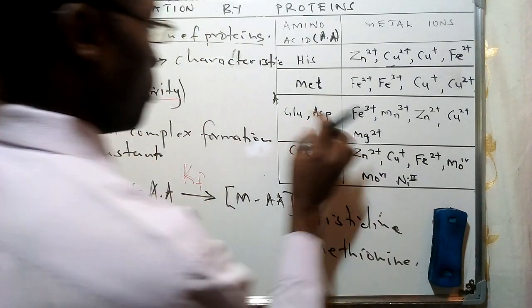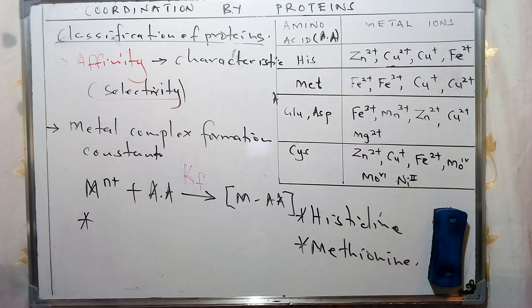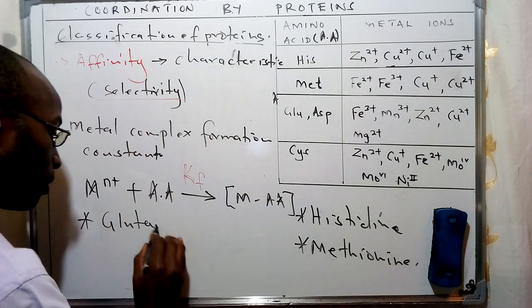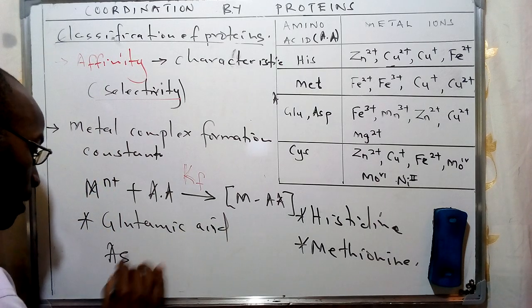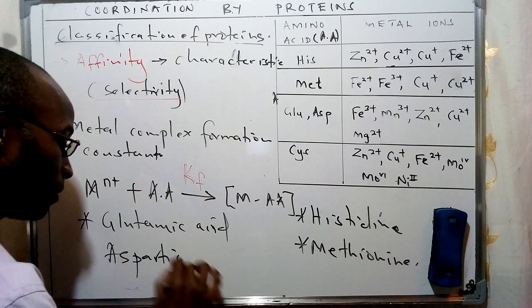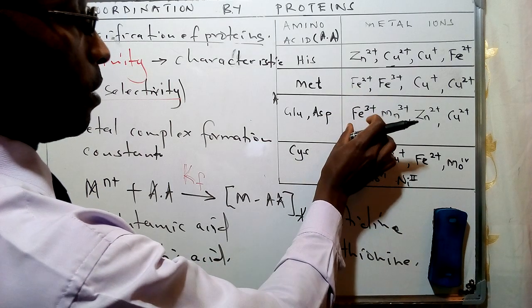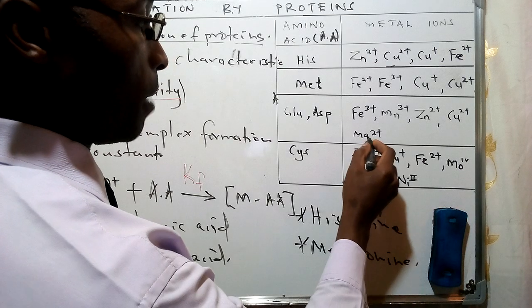Then we shall have two other amino acids, which are glutamic acid and aspartic acid in this specific case. They are going to be bonding with iron 3, manganese, zinc, copper, and magnesium.